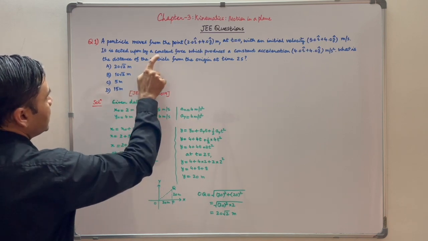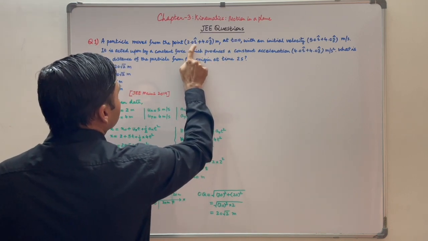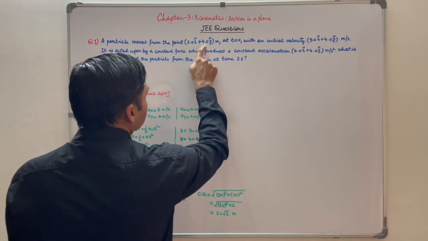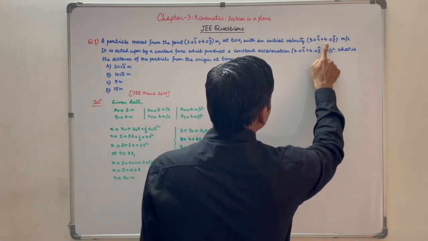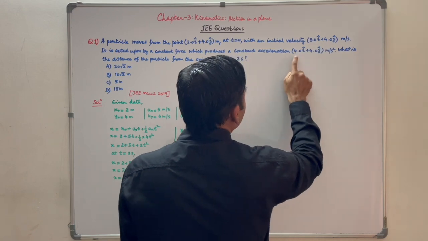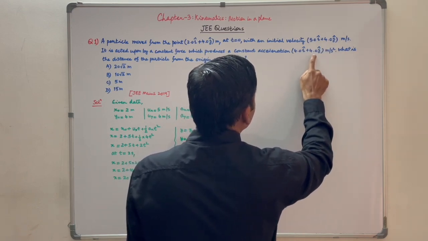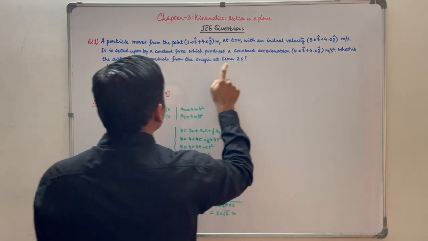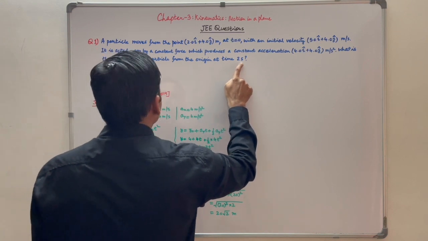So as per the given data, at t equal to 0, x0 is 2 meter and y0 is 4 meter. Ux is 5 meter per second and uy is 4 meter per second. Ax is 4 meter per second square and ay is 4 meter per second square. So we have to calculate x and y at t equal to 2 seconds.